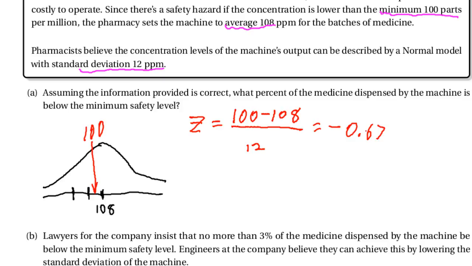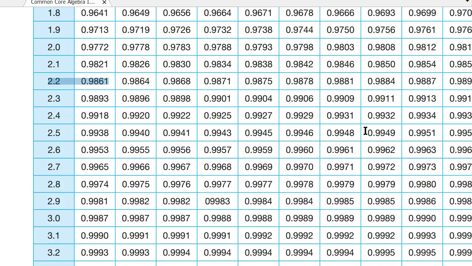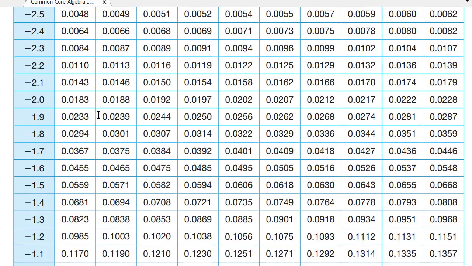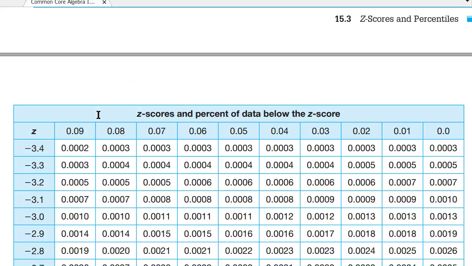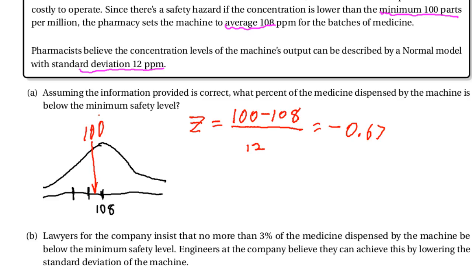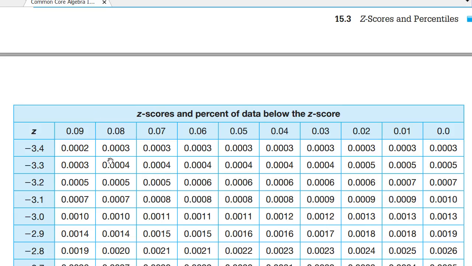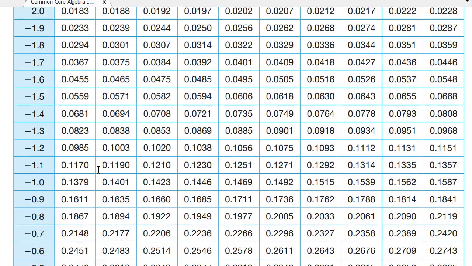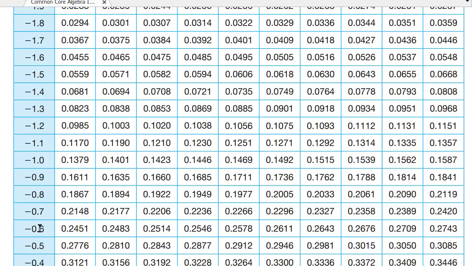So let's go and find what this gives us. These are positive z-scores. I need my negative z-scores. And we said negative 0.67. So negative 0.6, and then it goes 0.69, 0.68, 0.67. So I see it's 25.14% when I look right here.